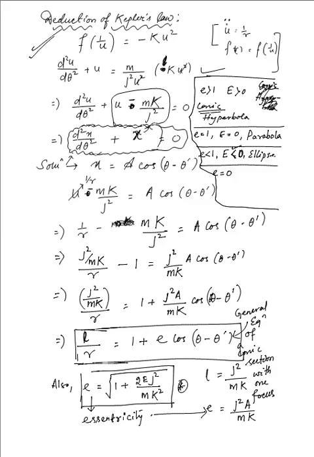Now for E is equal to 0, you have the value of E to be negative, but a fixed value, that is mk squared divided by 2j squared, and that is for a complete circular path.